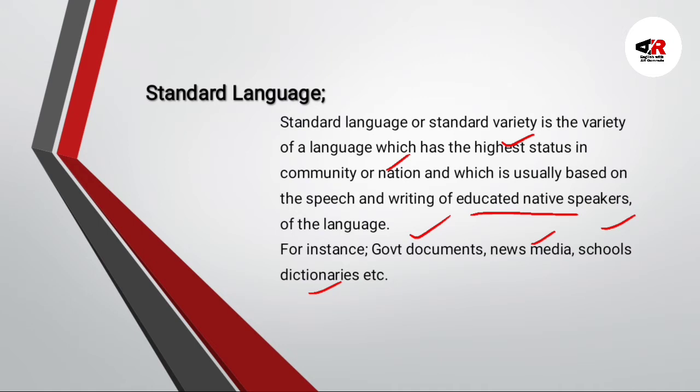It is most appropriate in formal and educational contexts. Examples: Urdu has many dialects, but there is one which is called Adabi Urdu. Sindhi language, like Hyderabadi Sindhi, which is used in Sindhi educational institutes, is standard language.